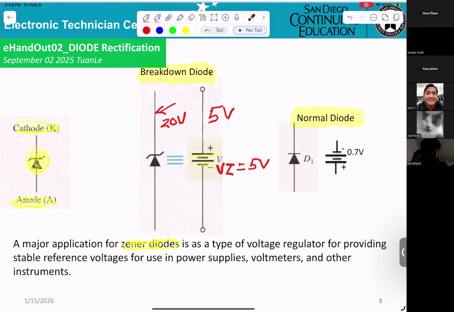Okay? Like, you know, you get a voltmeter, inside it uses 12 volt. Then they have to get a zener voltage of 12 volt. Any higher than 12 volt, they cut it down. Otherwise, the meter will be damaged.